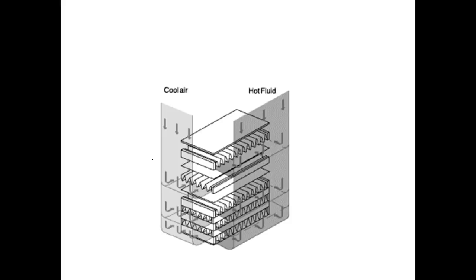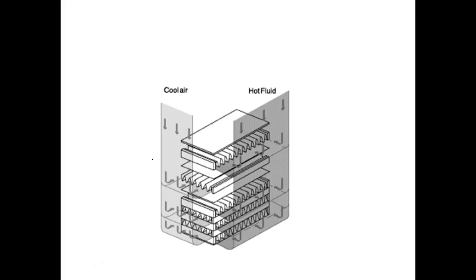And then, of course, on a lot of automobiles we also force air through the radiator, to help increase the heat transfer. On a home computer, you see the heat sink.